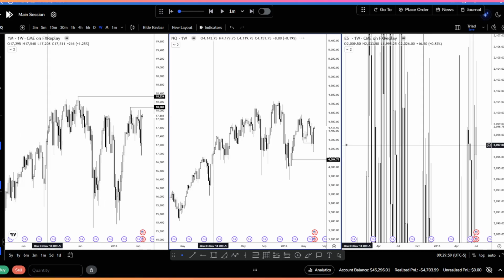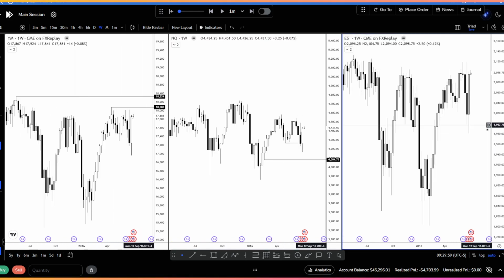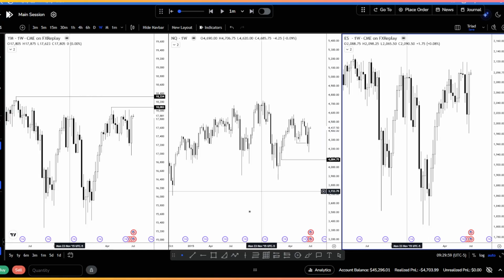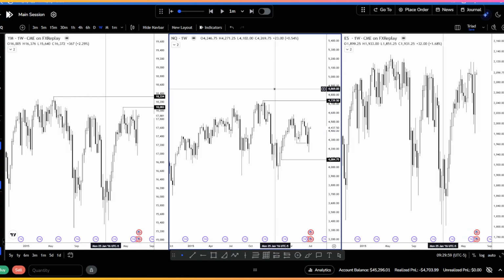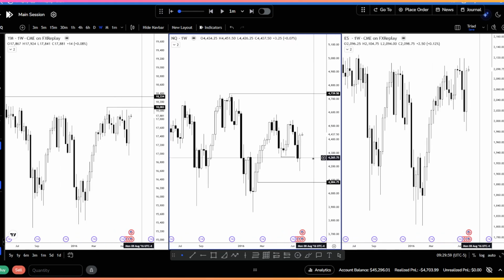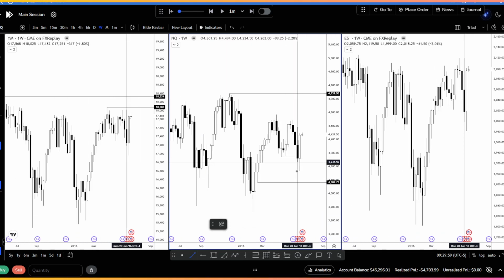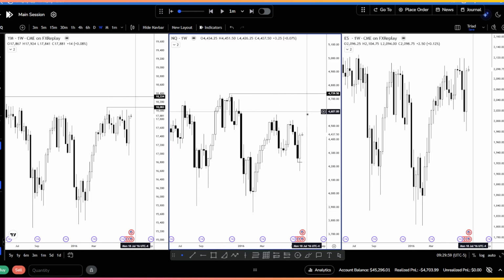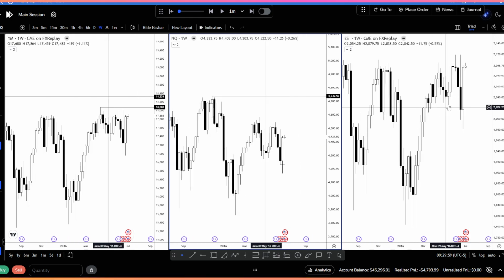NQ is still the weakest asset. I don't really want to trade NQ when I'm bullish on the week, but I'll still mark this out.